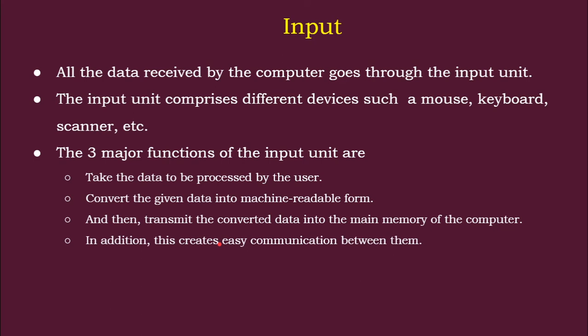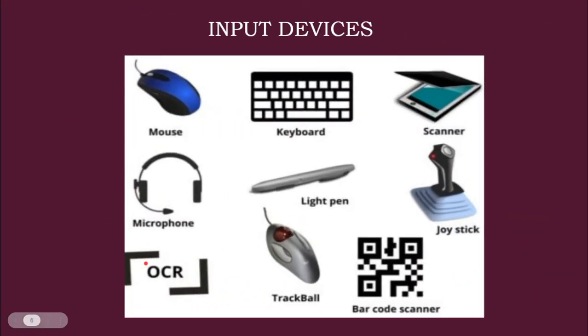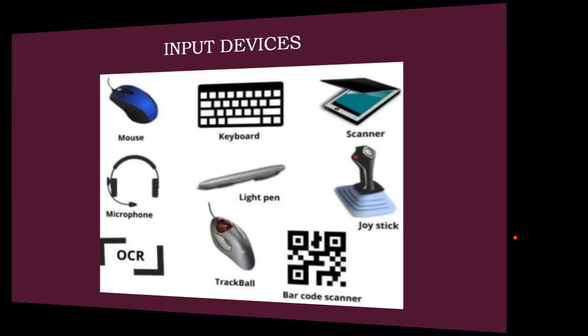In addition, it also creates communication between the different components. Examples of various input devices are the mouse, the keyboard, the scanner, microphone, light pen, joystick, OCR, trackball, and the barcode scanner.